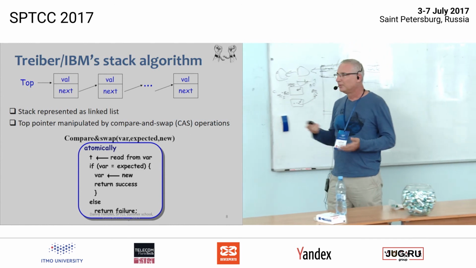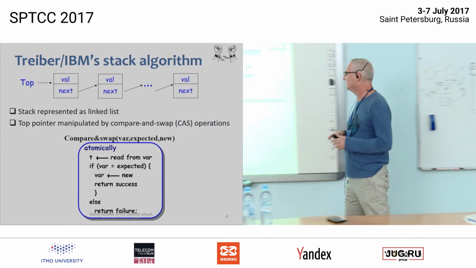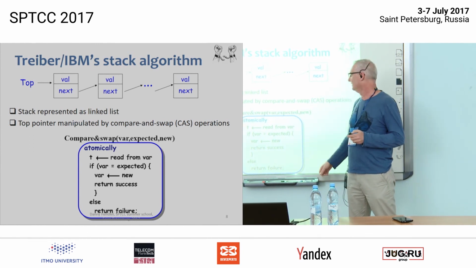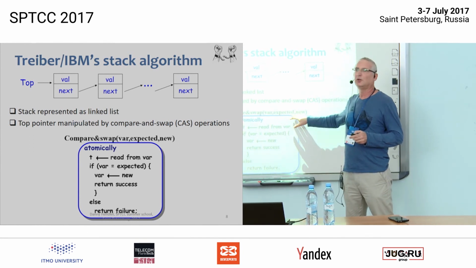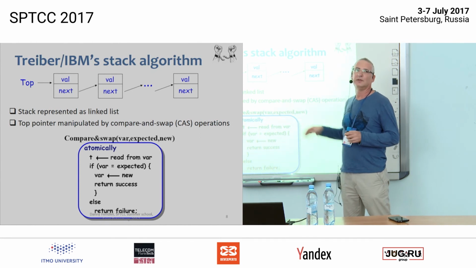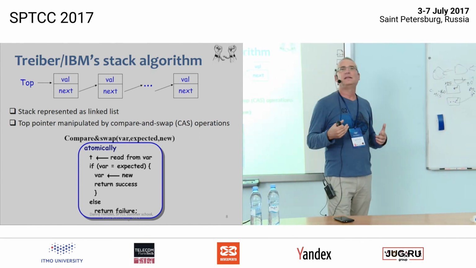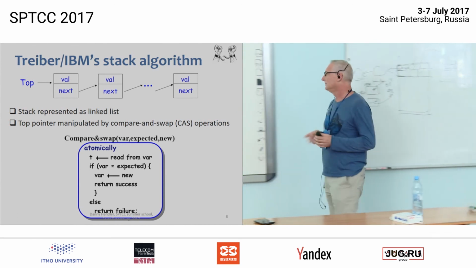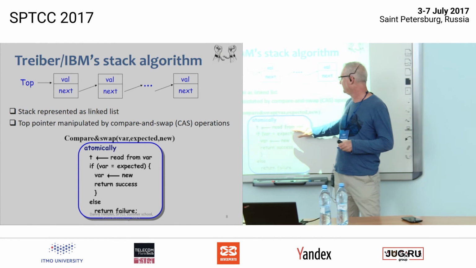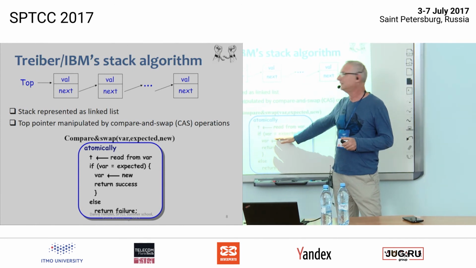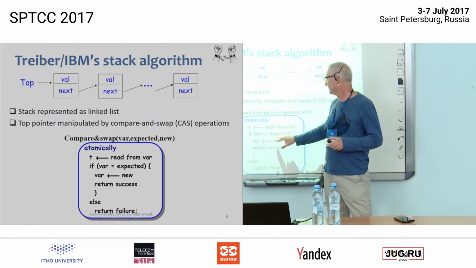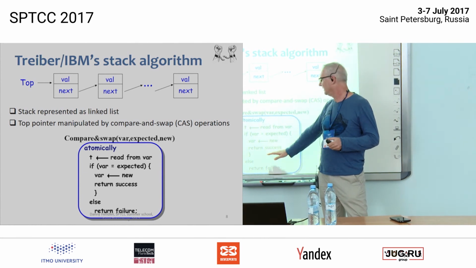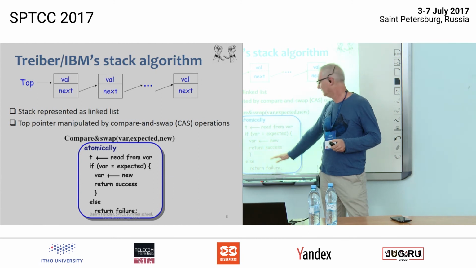So compare and swap, you are familiar with it, but still a quick reminder. When it operates on some variable var, it receives two arguments, expected value and new value, and then it atomically does the following. It reads the current value of the variable. If it equals the expected value, then the new value is written, and a success indication is returned.